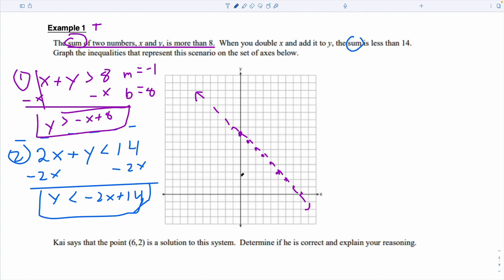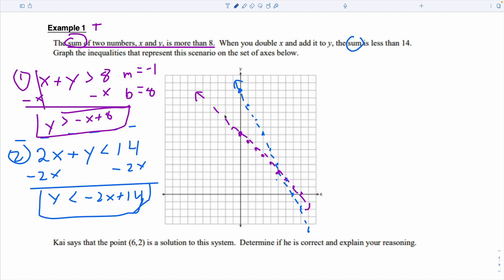Is it 14? All right, if you have an inequality for the second one that looks like that, the line is correct.